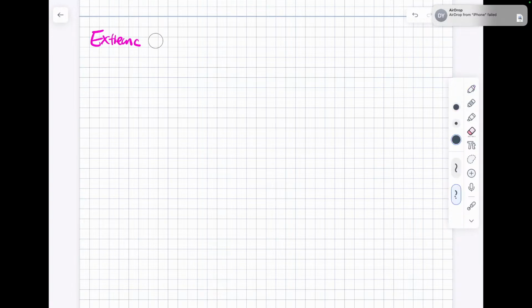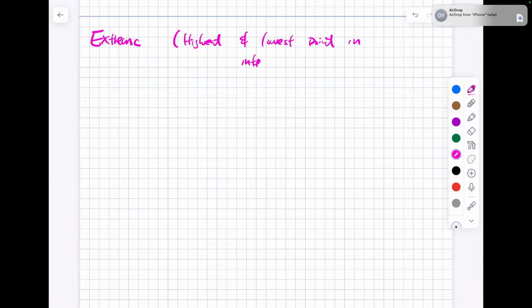So extrema, it's the highest and the lowest point in the interval. So let's start with what the extreme value theorem is.